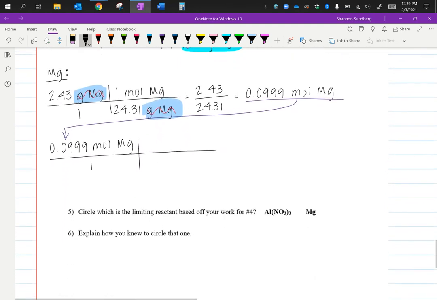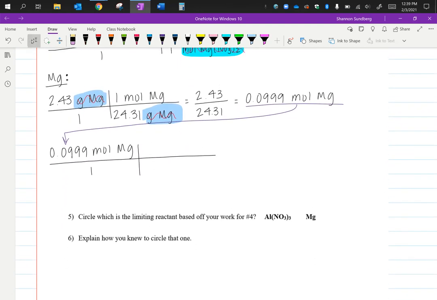So the 3 moles of magnesium goes on the bottom. And then 3 moles MgNO3, 2 goes up. And I knew that I wanted that down because I want to get rid of it.